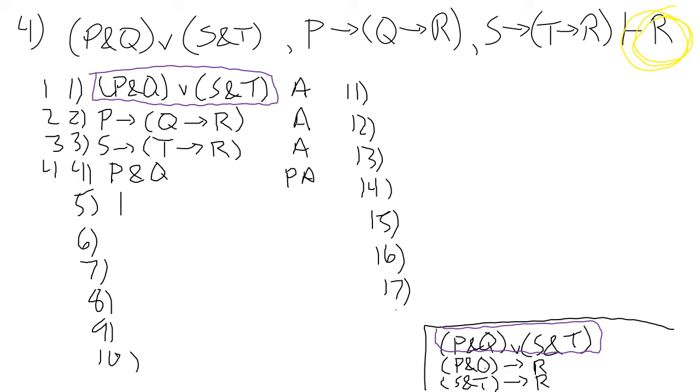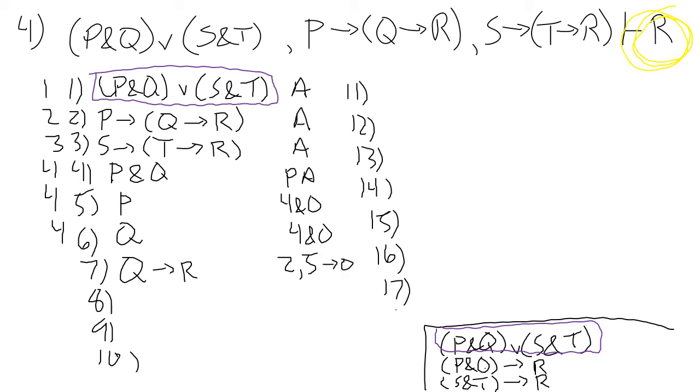So with this PA, we could split it up into P and Q, both coming from 4 ampersand out. Then we can toss our P into our conditional statement in 2. So 2 and 4. Then we can toss the Q into this conditional statement to get that.